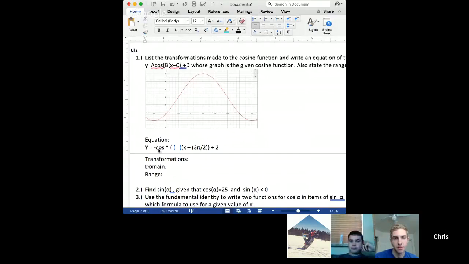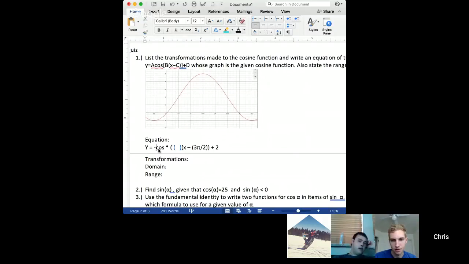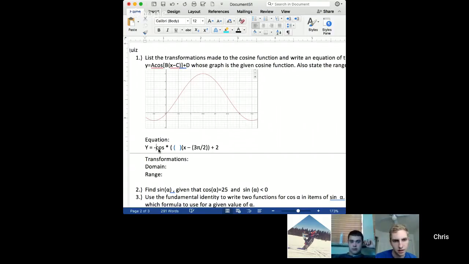Because if you move it 3 pi over 2, which is what we have in the parentheses, that would make it a regular cosine just stretched. It just looks inverse to me, but it's hard to tell, because are we supposed to start at the bottom? Because then we would move it to the left.